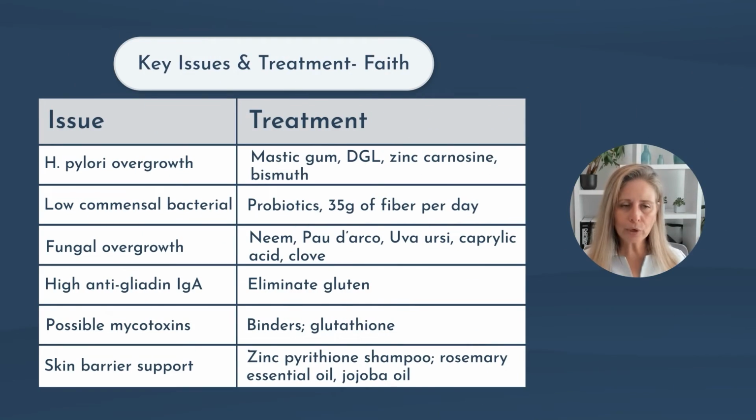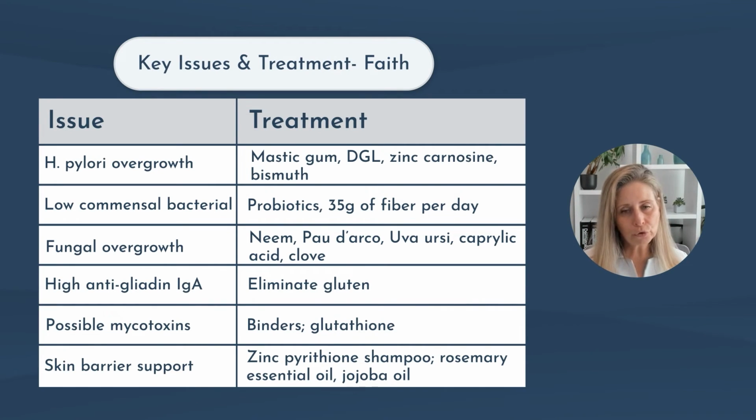So for H. pylori overgrowth, well, for everything I should mention, I'm a naturopathic doctor and I treat with herbs and supplements, and I rarely use pharmaceuticals. So all of this was natural things. For H. pylori, things like mastic gum, DGL, zinc carnosine, bismuth. For her low commensal bacteria, certainly probiotics, but also those 35 grams of fiber a day that I mentioned.